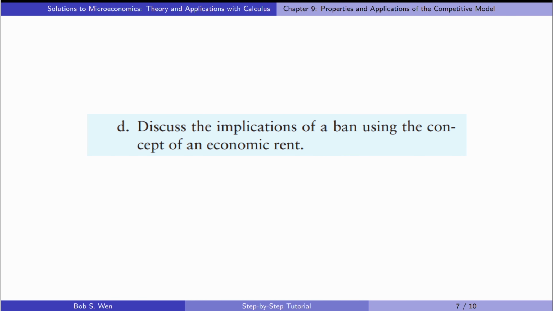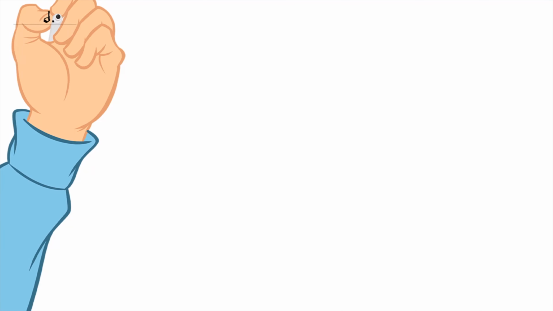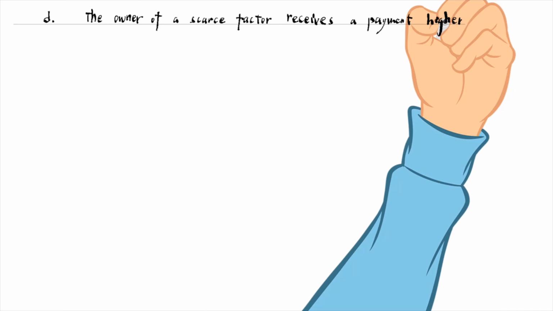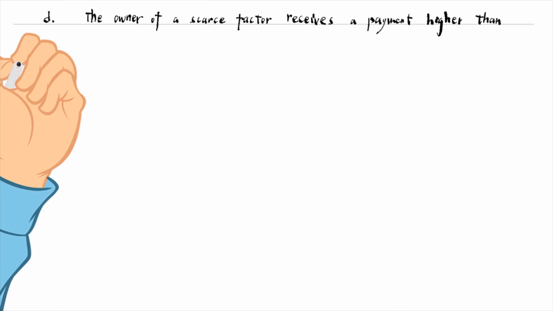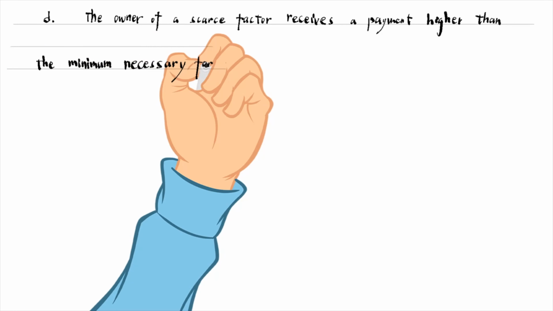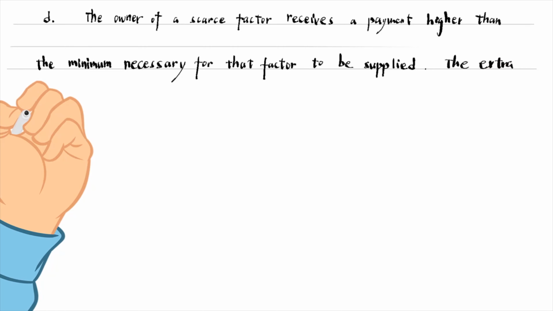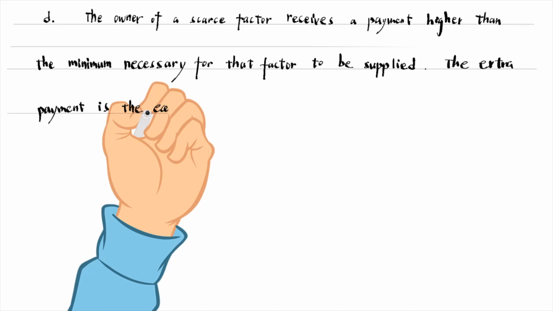In Part D, discuss the implications of a ban using the concept of an economic rent. The owner of a scarce factor receives a payment higher than the minimum necessary for that factor to be supplied. That extra payment is the economic rent.